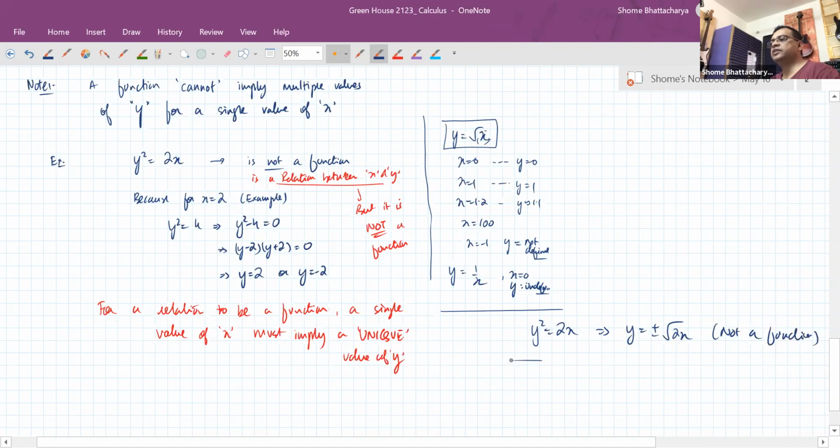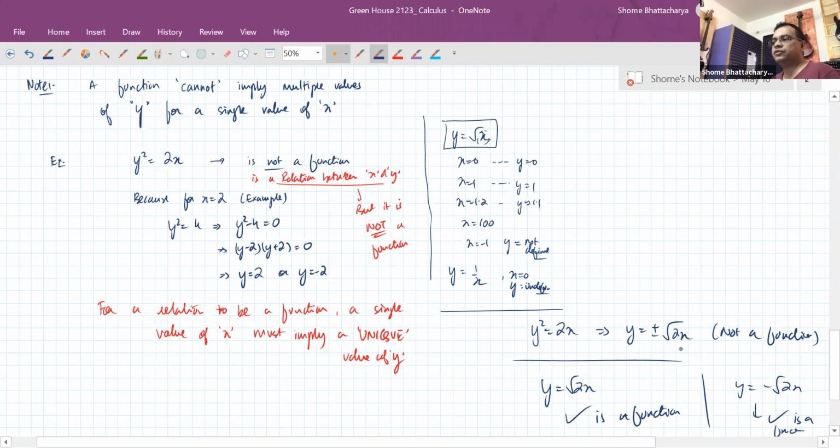But if we had written y is equal to root 2x, this is a function. Or if we had written y is equal to minus root 2x separately, this is also a function. The moment we write plus minus root 2x, it's not a function, because there are values of x which give me multiple values of y.